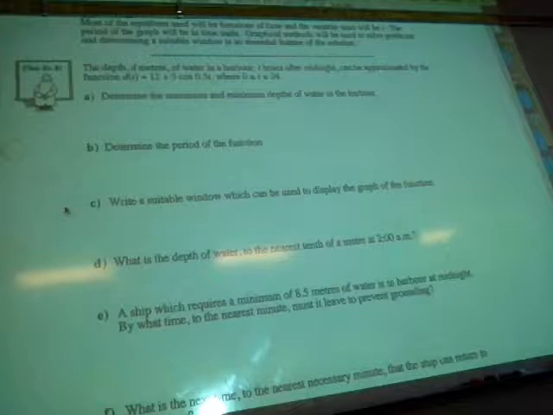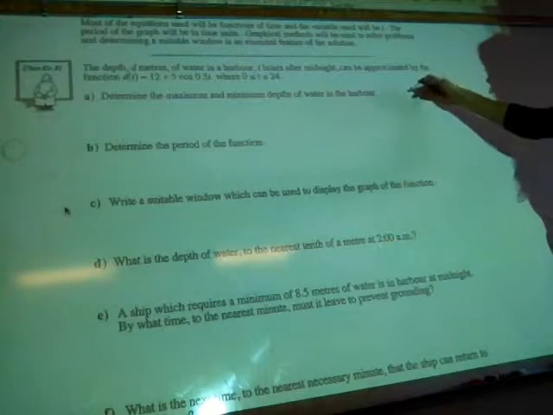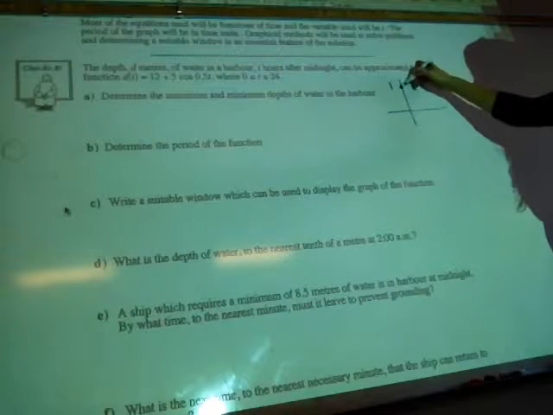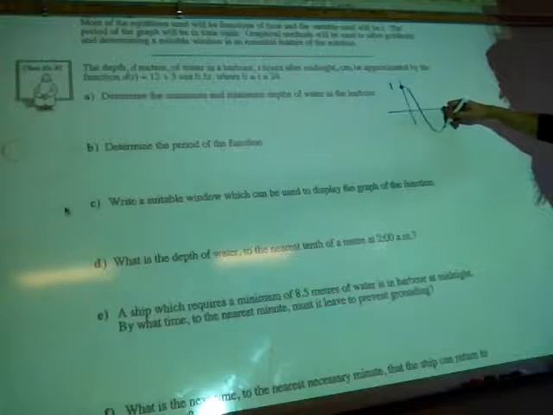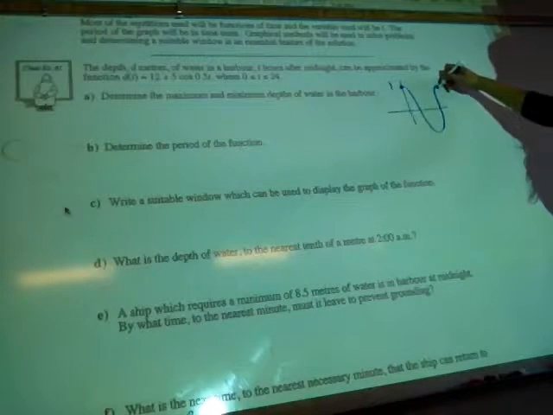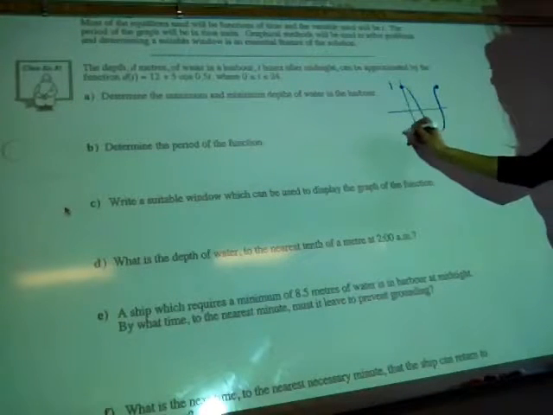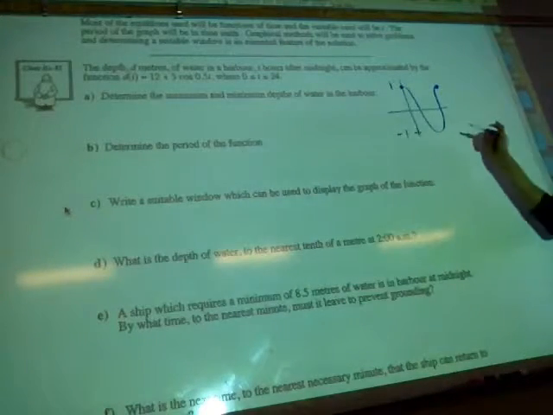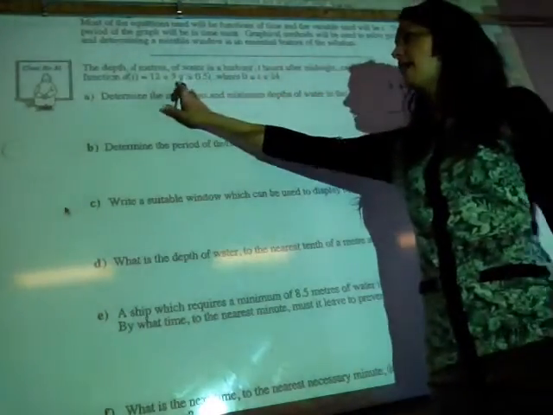So to figure out the maximum and minimum, I'm just going to remind you guys of the cosine functions. Along the y-axis, we would start with the maximum of 1, go through the x-axis and back up to its maximum, and we'd have a minimum at -1. If we look at the equation, we have an amplitude.